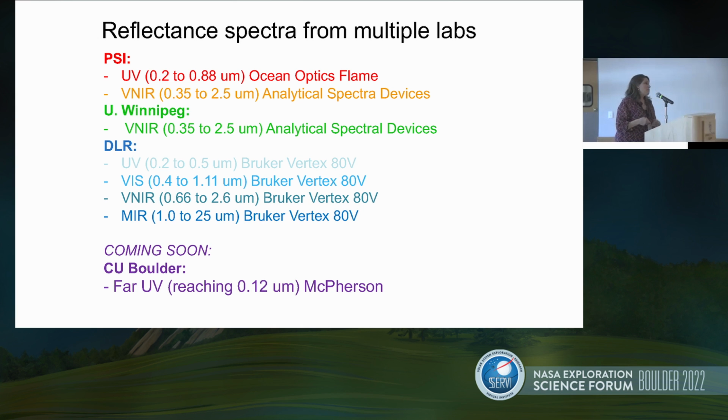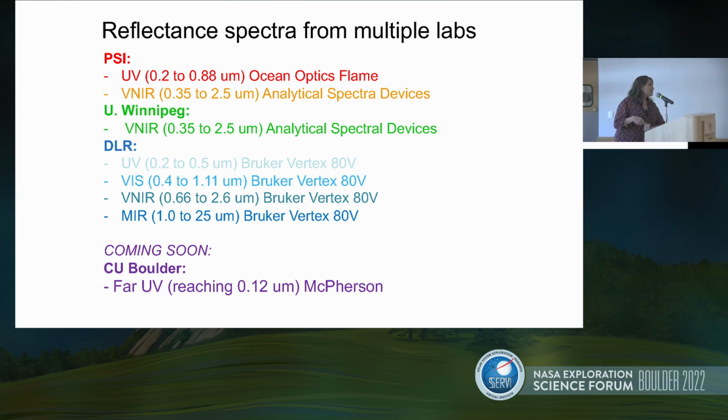So we did the measurements at a bunch of different labs, and that was sort of the strength of this project. We measured all of our samples at the Planetary Science Institute, and we got UV and VNIR-MIR data from them. At the University of Winnipeg in Ed Cloutis's lab, who's a co-I on TREX, in the VNIR-MIR. And then at DLR, in Jörn Helbert's lab, with the help of Alessandro Maturilli, we measured the samples in UV, VNIR-MIR, and mid-infrared wavelengths.